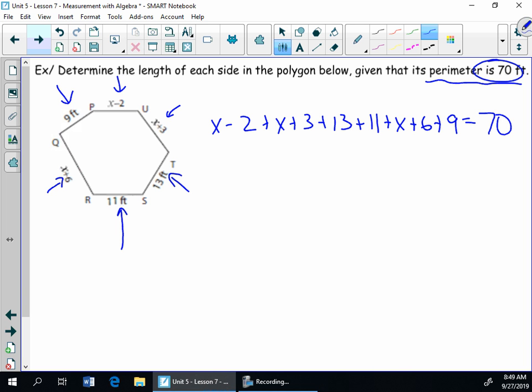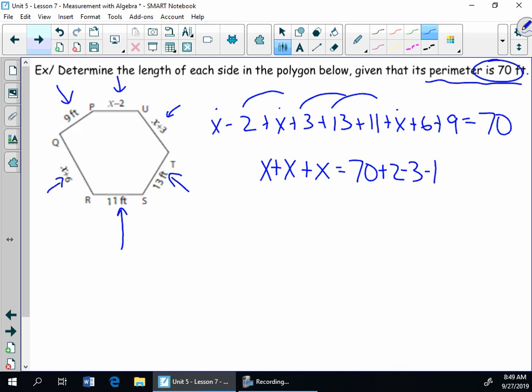Do I have any brackets to get rid of? No. Any fractions to get rid of? No, I just can collect things on one side or the other. So what do we have for x's? I got 1, 2, 3 that I see. And I got a whole bunch of numbers. They need to go to the other side. The minus 2, plus 2. The minus 3, sorry, plus 3, minus 3.